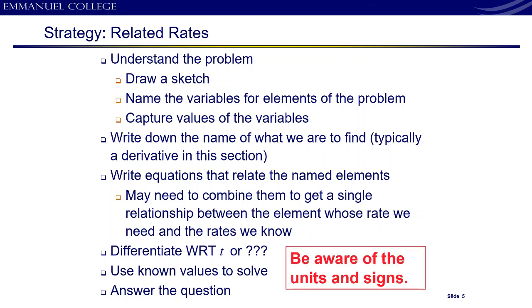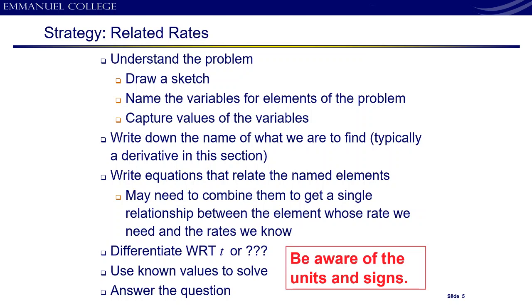And again, I think I've stressed this a lot. Make sure you're careful about your units and your signs. Don't mix things that don't go together. If it's acceleration, remember it's the length divided by the time squared. If it's miles per hour, that's a velocity.